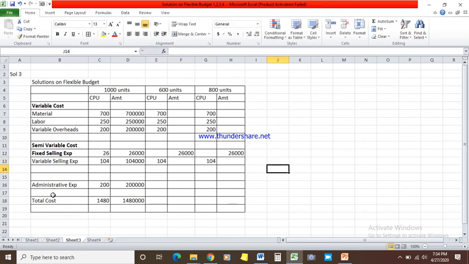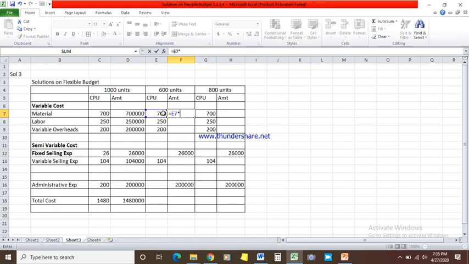Administrative expenses, as told, are going to remain the same: it's not 200, it is a fixed amount of 2 lakh rupees. In this way we need to structure the cost pattern for the given estimated units, and accordingly get the values.